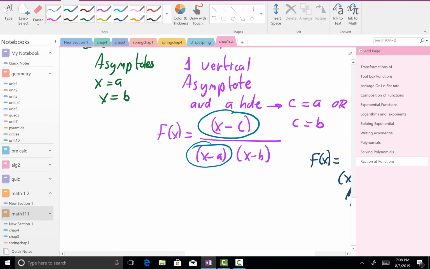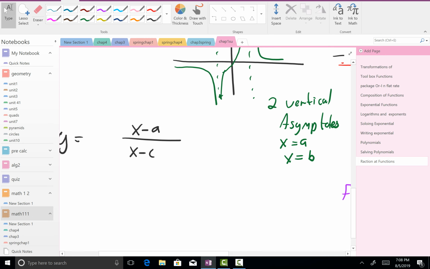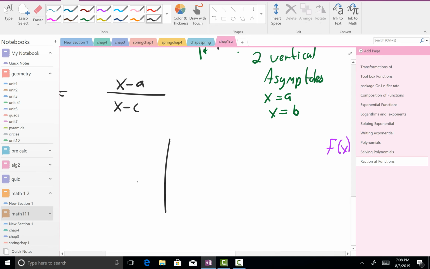All right, let's go back to this one. So this was another one that we did, which was like the second one. So in this one, we could have a vertical asymptote.